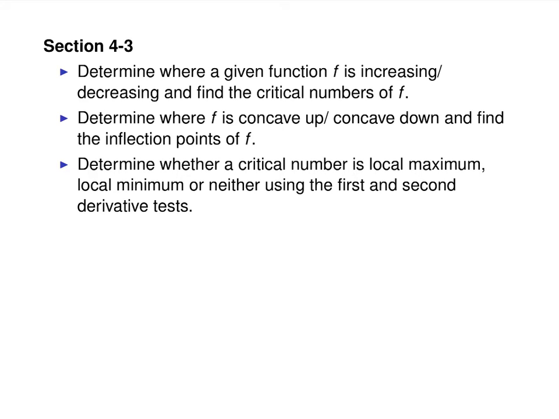So section 4.3 wasn't ridiculously hard, I think, other than once we got past all the technical reasons why stuff was true. How do you figure out where a function is increasing and where a function is decreasing? What do you use? You use the derivative, right? Where f prime is positive, you're increasing. You're decreasing when f prime is negative.